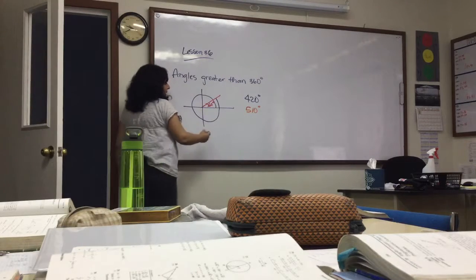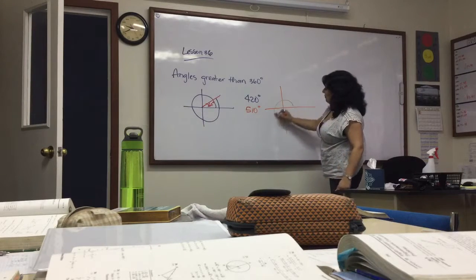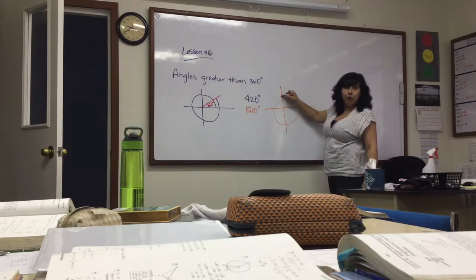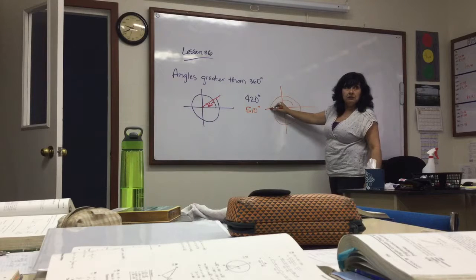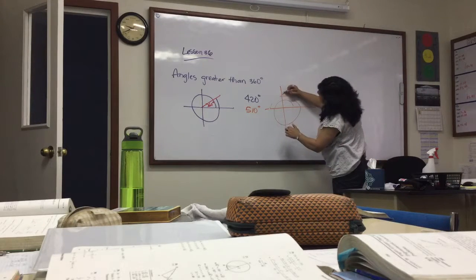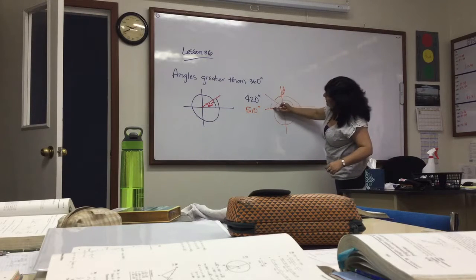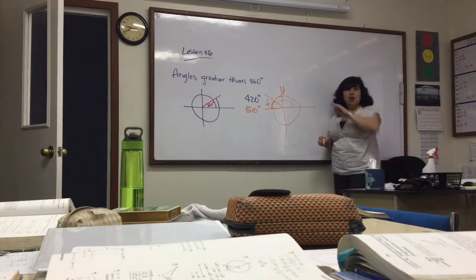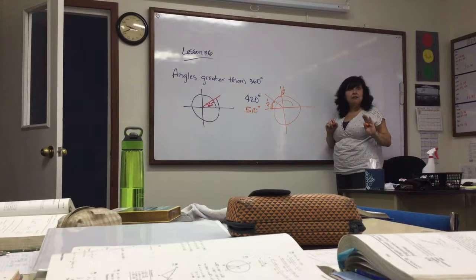How much would that be? 360, and then 90 would be 450, and 60 more would be 510. So this would be how much here? 30. Very good. 30 degrees on the second quadrant. That's 510. Does that make sense?